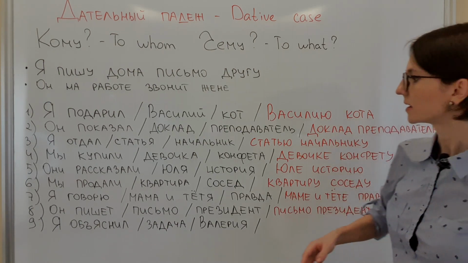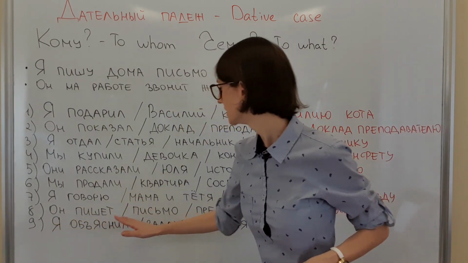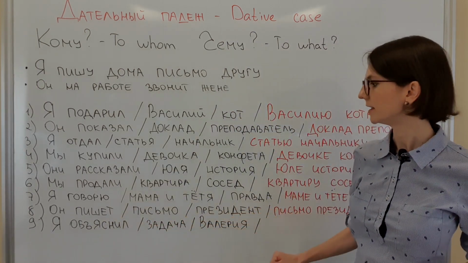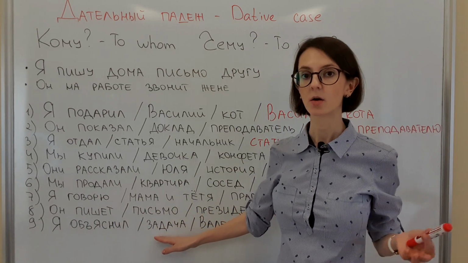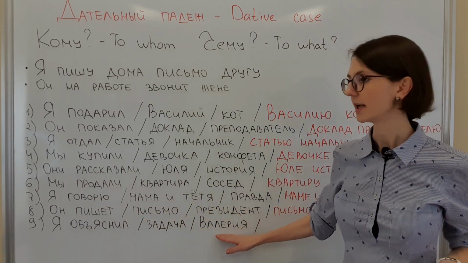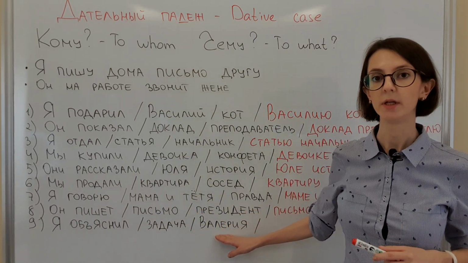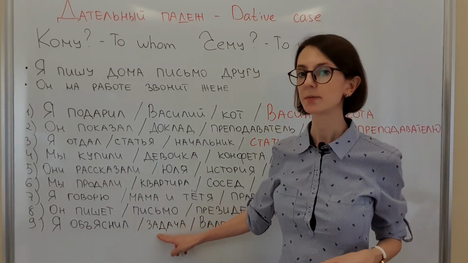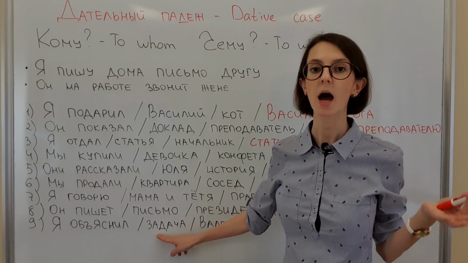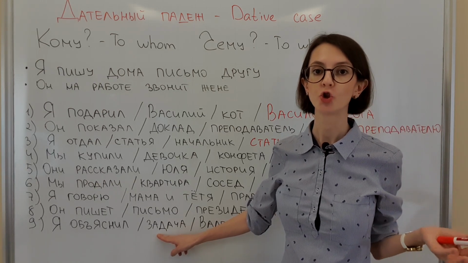And last sentence. Я объяснил задача Валерия. I explained a task or a problem. Валерия, this is a common feminine Russian name. So, я объяснил, I explained what? Я объяснил задачу.